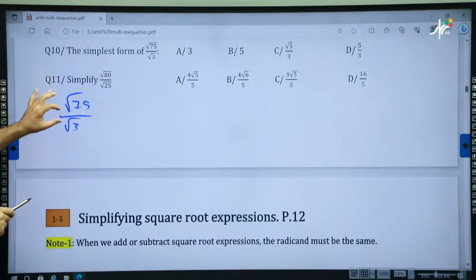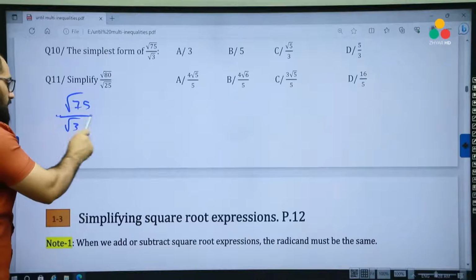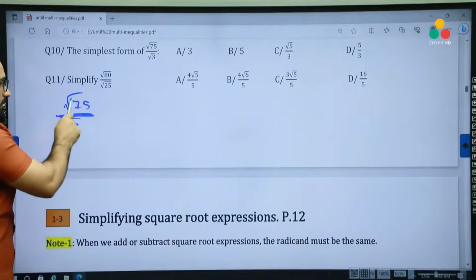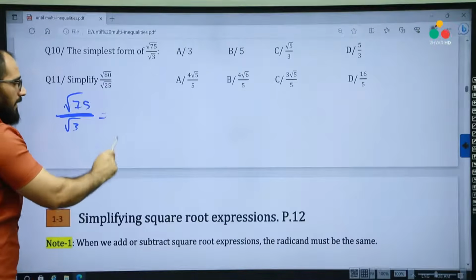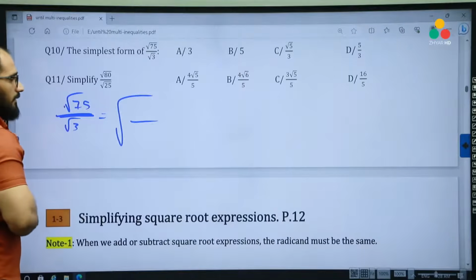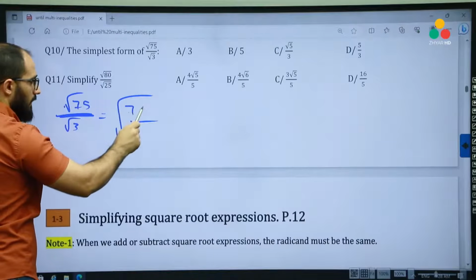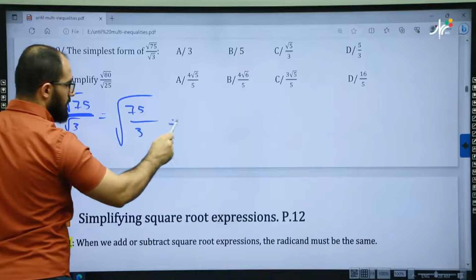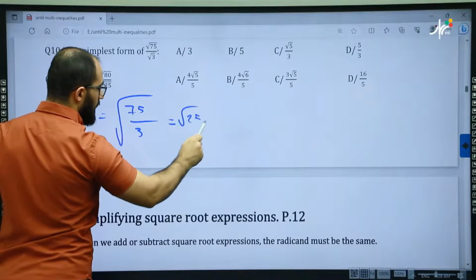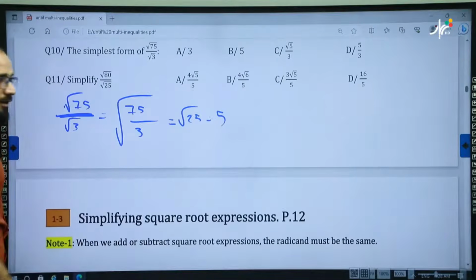We have the division, or let's say, the fraction here. It's a division, 75 divided by 3. We can write them as one square root. 75 divided by 3 is going to be the square root of 25, and it's going to be 5. This is the first solution.